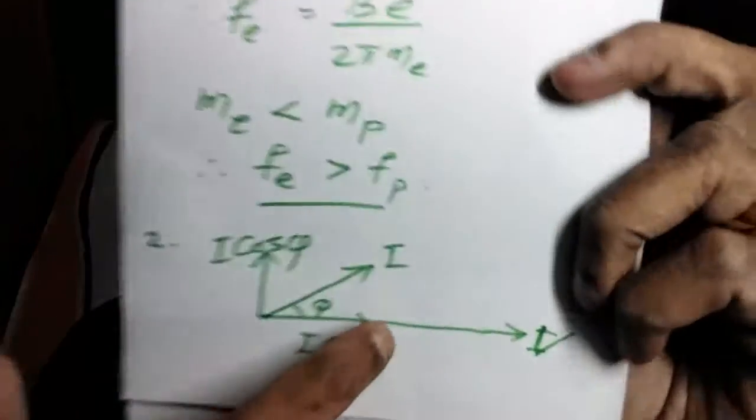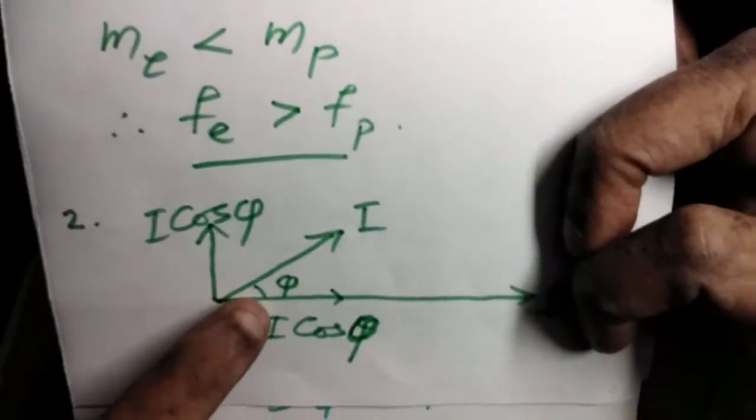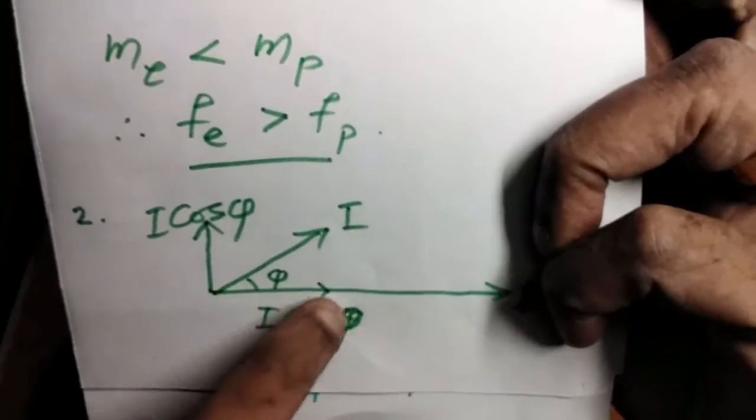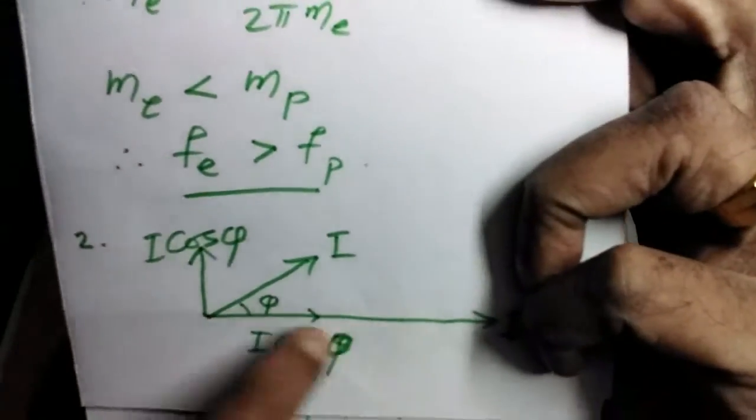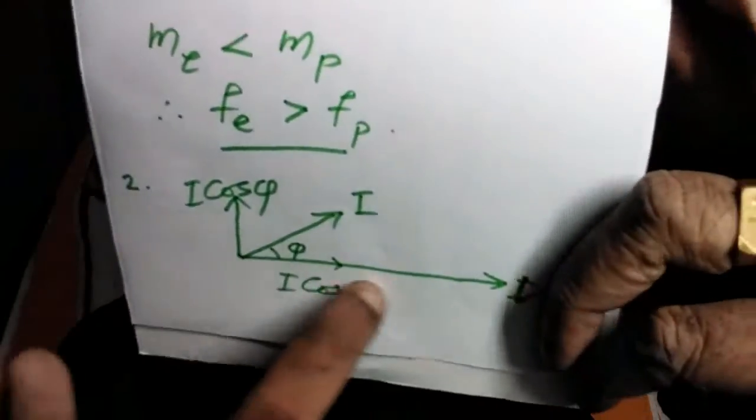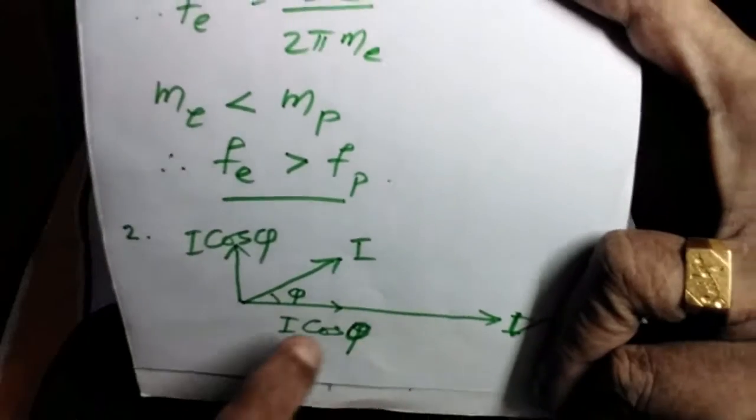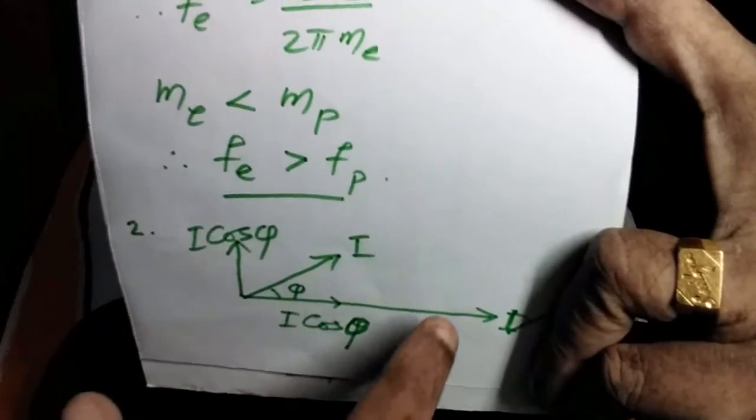This current vector can be split up into two components. One is I cos phi, parallel to the voltage line. That means I cos phi is in phase with the voltage, just like the case of ohmic resistance.